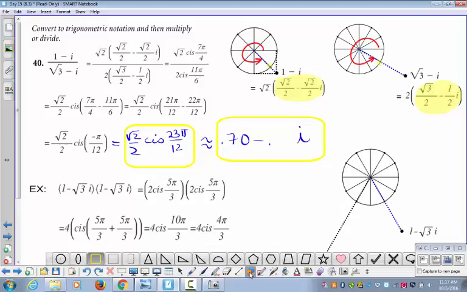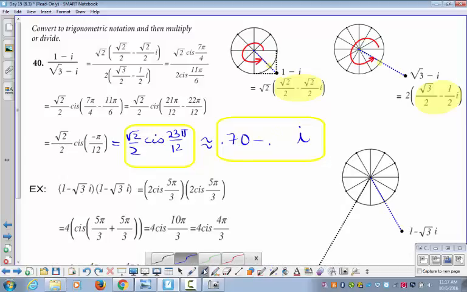So there's our standard form approximated to 2 decimal places. So it all kind of depends on what they want for the answer. This is trigonometric form. That's standard form.